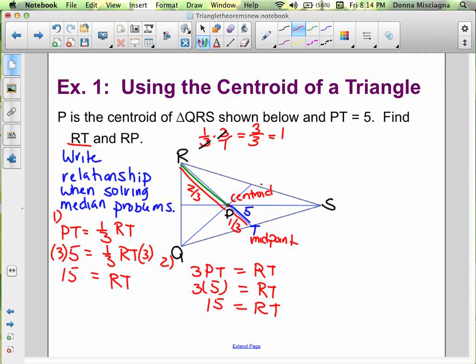So this is how I do it, and if you like it, you can do it the same way. I isolate the one I'm looking for. If possible, I choose the equation that isolates the segment I'm looking for.